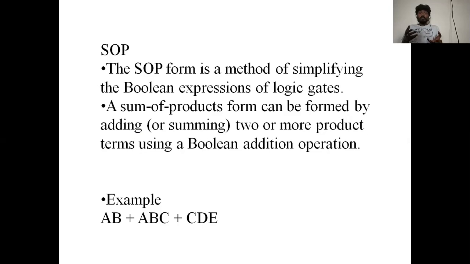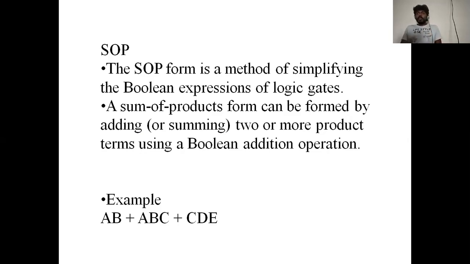If more number of variables is present in the logic, then the complexity will be more. In order to reduce the complexity, we go for such methods to simplify the logic. In order to simplify the logic, you are able to achieve the simplified expression. Everything that was complicated will be simplified, the complication will be reduced, right?